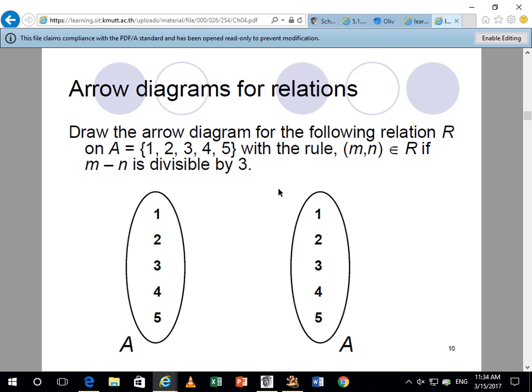But note that here, we didn't say it's a function actually. We just said it's a relation. So this is a case where, like I said, one input can map to more than one output. But if you do multiple mapping, then this is not a function.